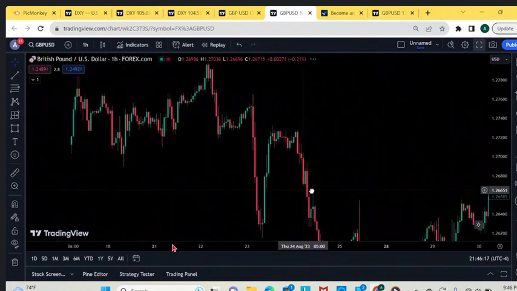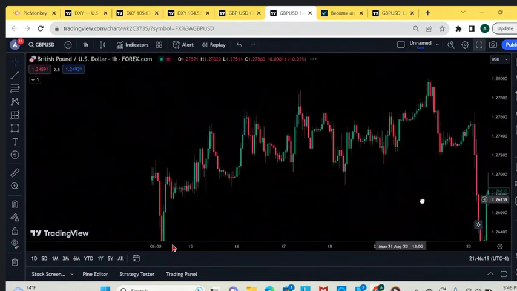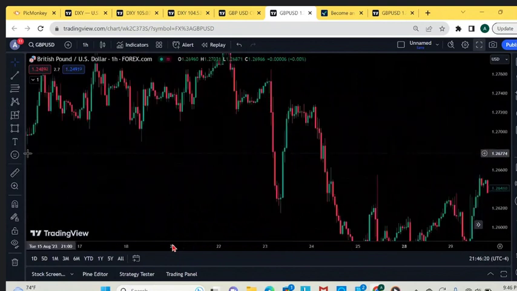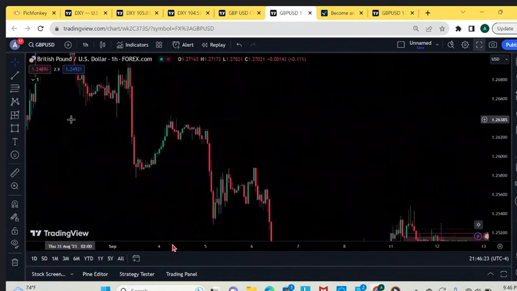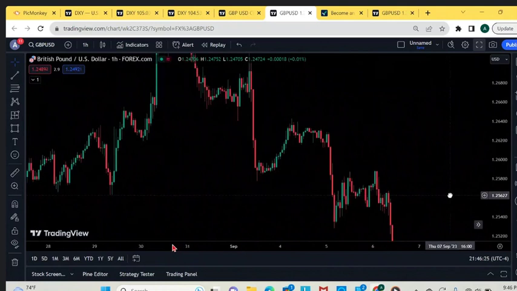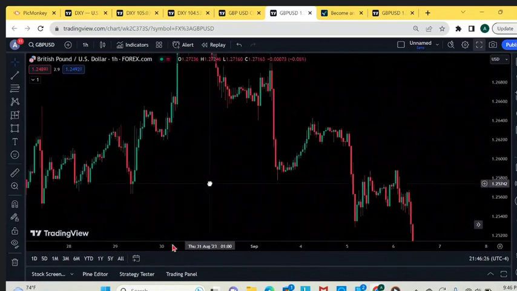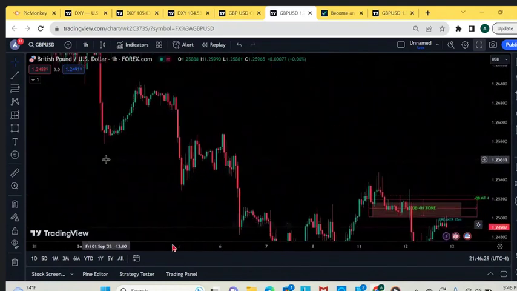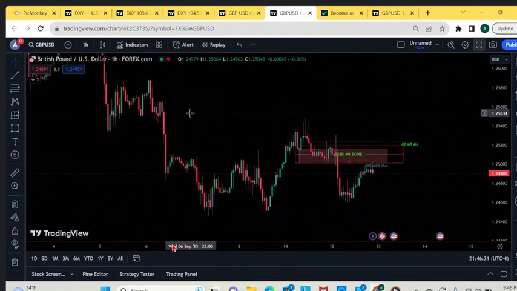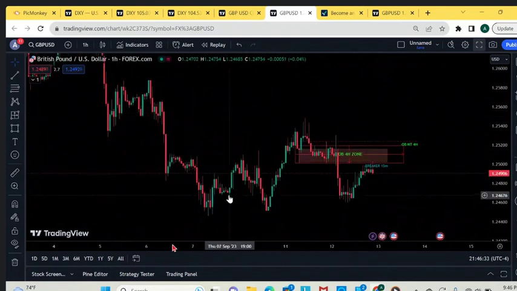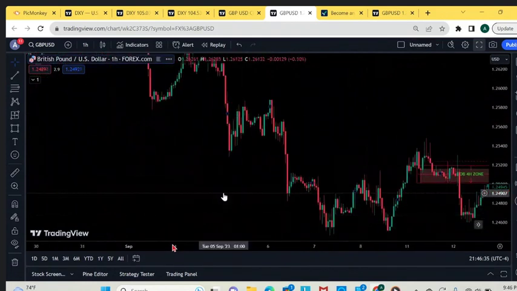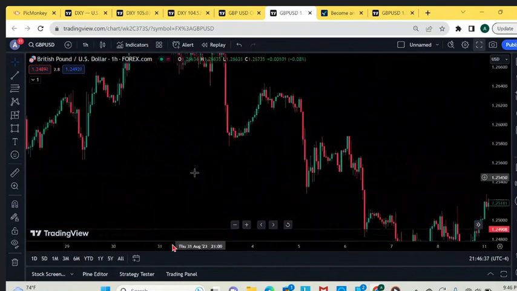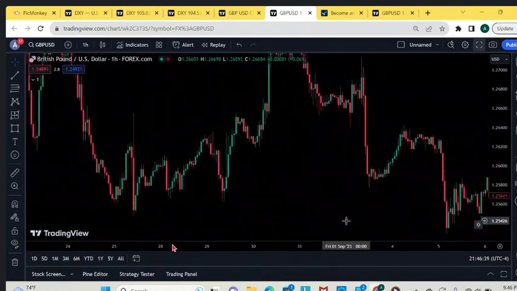So let's find a bullish one. Hold on, scroll back to the right. I think you just passed over a bullish breaker and order block. I mean, scroll back to the left slowly. Do it slowly so I can see. Keep going, keep going. Right there.